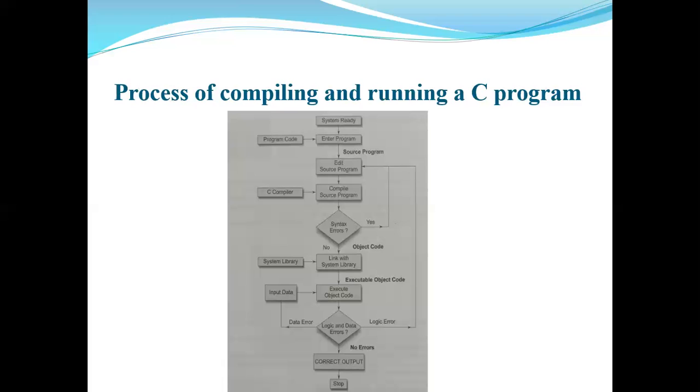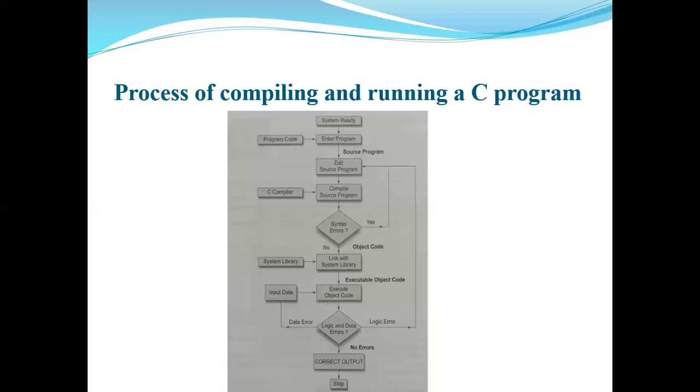If your program contains errors, then look at the arrow from syntax errors going back to edit the program. So again, edit the program, correct the mistakes, and recompile your program.